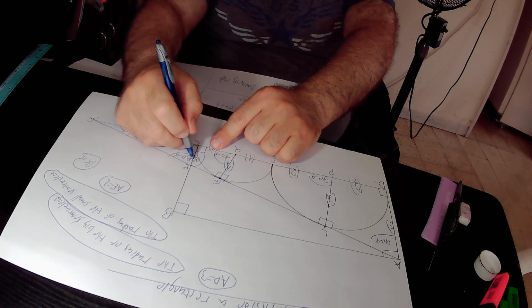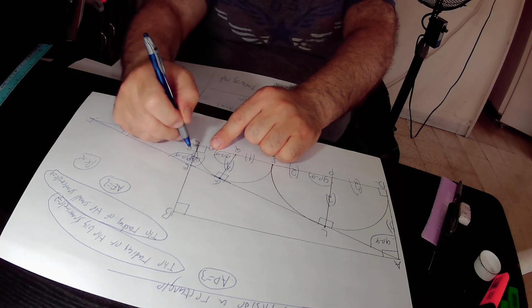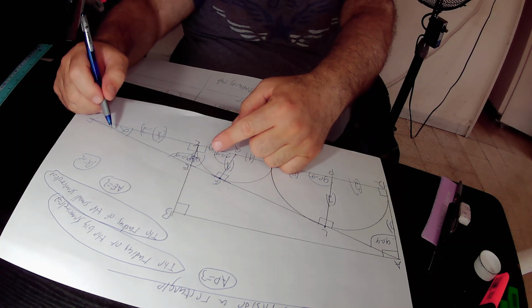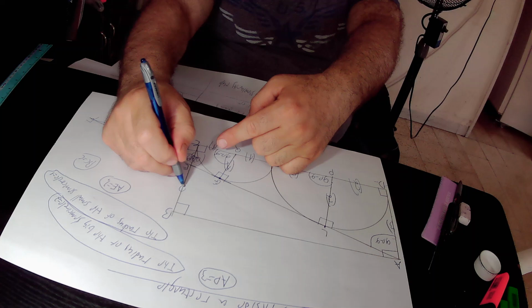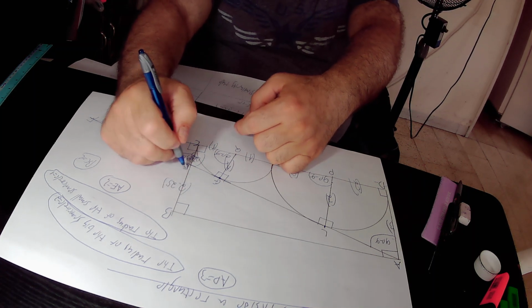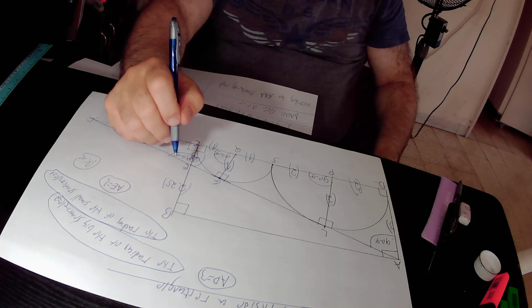EC equals 3 quarters, that is 0.75. So BE equals BC, that is 3, minus 0.75. 3 minus 0.75 equals 2.25. So BE equals 2.25.